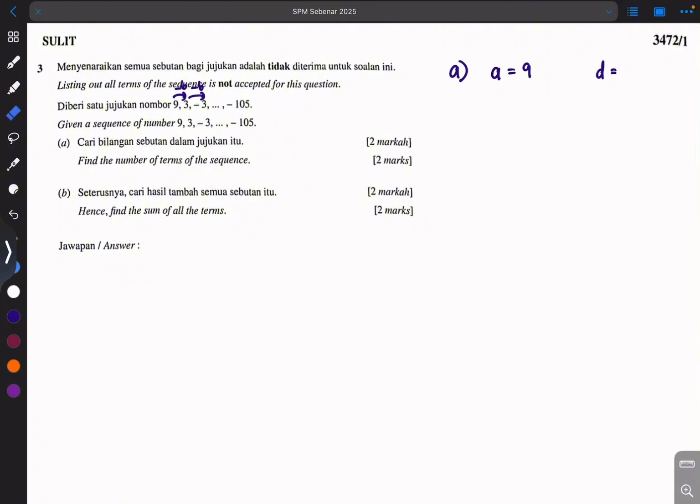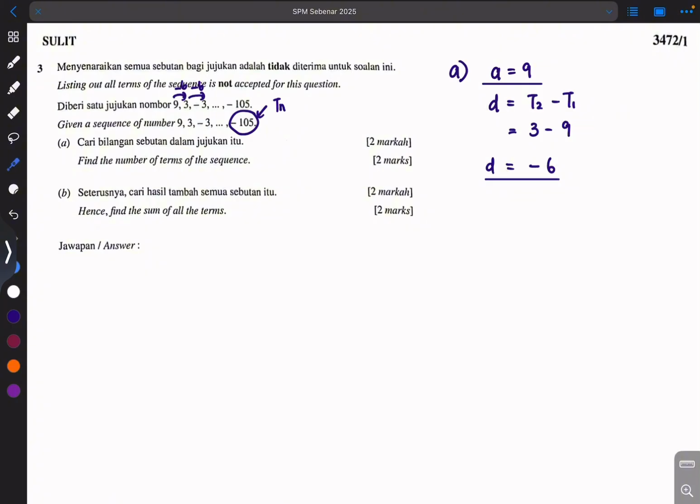If you want to find negative 6 using a formula, it will be T2 minus T1. T2 is 3, T1 is 9. 3 minus 9 is negative 6. Okay, we have a, we have d. Now, we know Tn, the nth term, is negative 105.